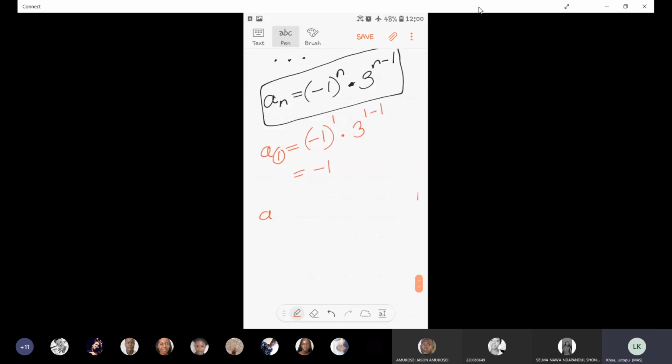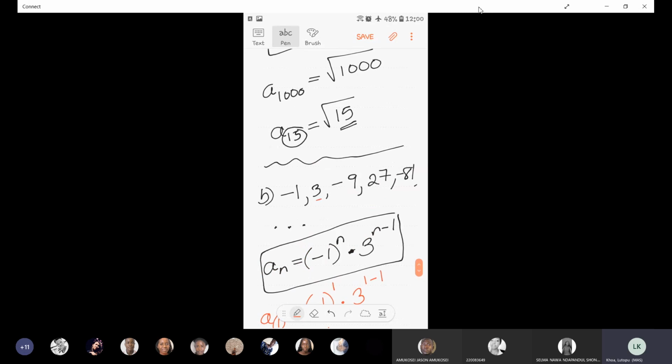Then for the second term, a_2, my n is 2. So this is -1 to the power of 2, multiplied by 3 to the power of 2 minus 1. This is -1 squared, which is just 1, times 3 to the power of 1, and this is +3. That is exactly what we have.